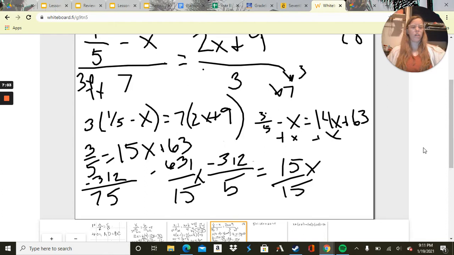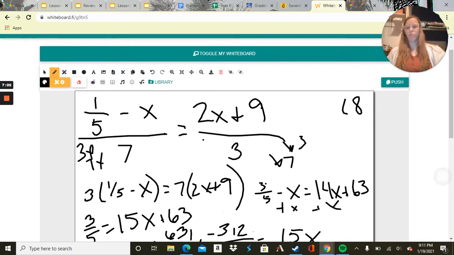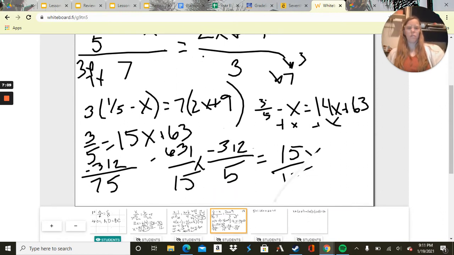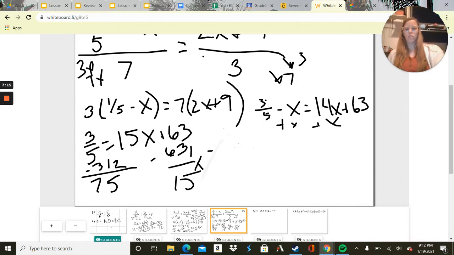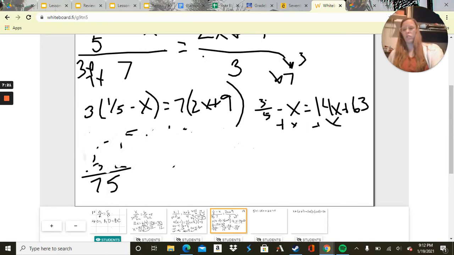All right, I really apologize because we forgot a step. I'm going to do a bit of erasing here quick. My apologies. I incorrectly distributed.